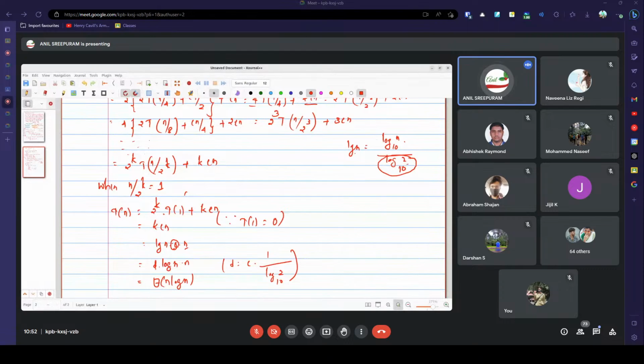So that's all about today's class. I think everyone now has a clear picture of how sorting is analyzed. And by this example, you are seeing that recurrence equations are very, very important as far as the complexity of divide and conquer type algorithms is concerned.